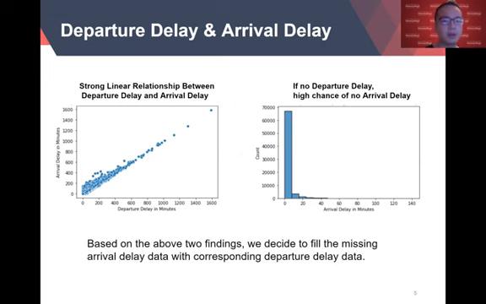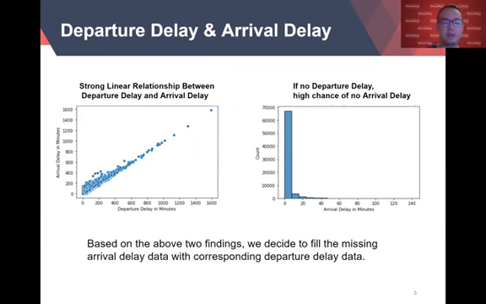Okay, so the next part is about some exploratory data analysis on the data set. First, when we look at the data set, we immediately find that there is missing data for arrival delay. To handle that problem, we decided to check if there is any relationship between departure delay and arrival delay. It turns out that they have a strong linear relationship.